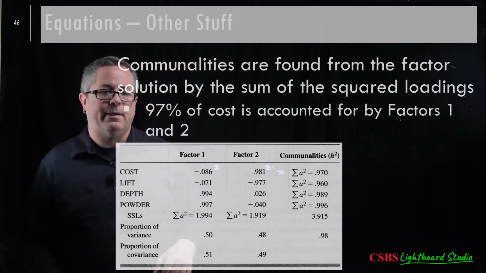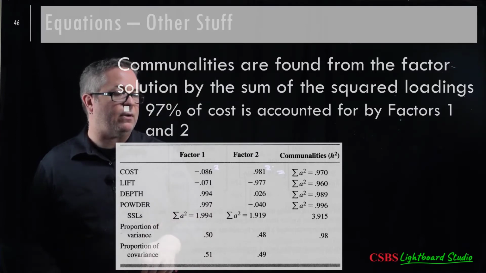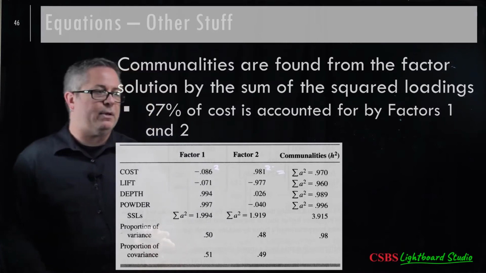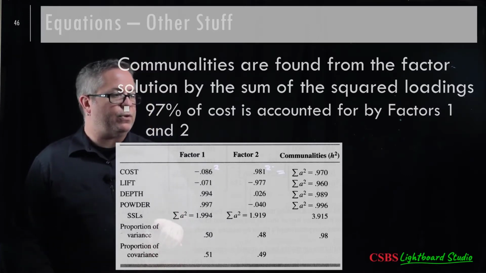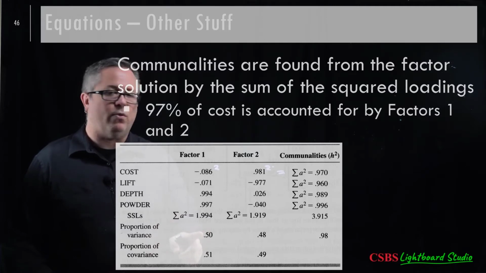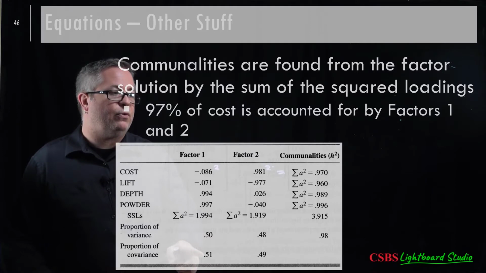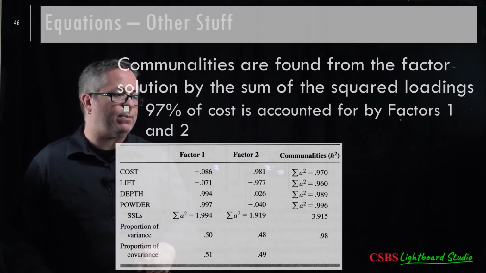Going the other way around, this says proportion of variance, and this says proportion of covariance. This is a table right out of Tabachnick and Fidell's book. That could be a little confusing. The proportion of variance is the proportion of total variance, so this 0.5 is 1.994 divided by 4. The reason this one goes up a little bit is the proportion of covariance, which really should be proportion of explained variance.